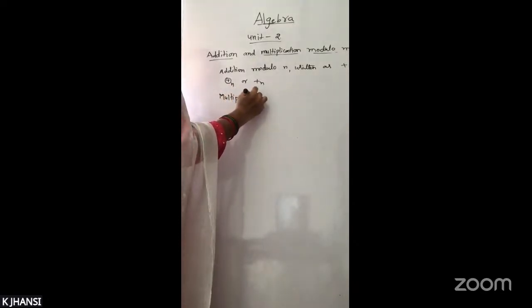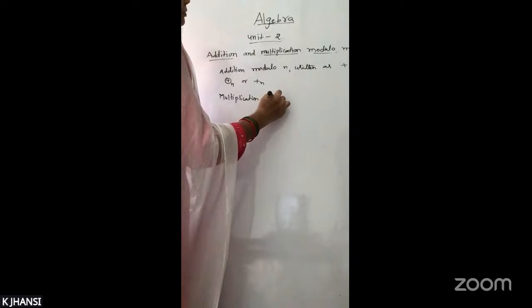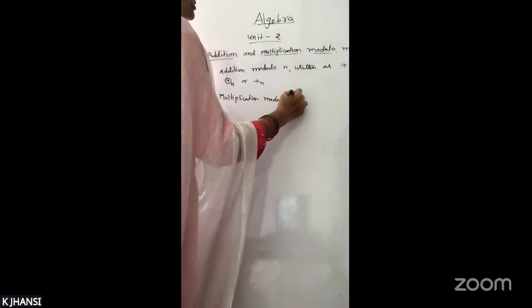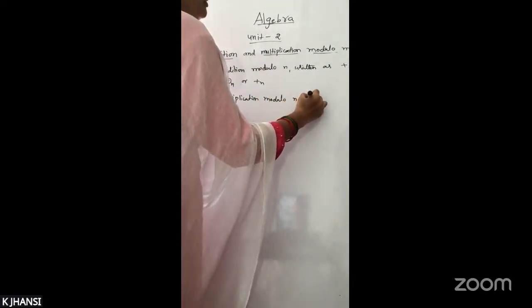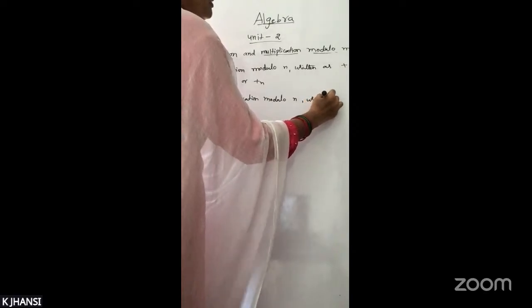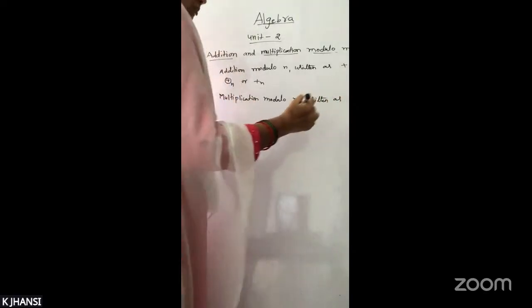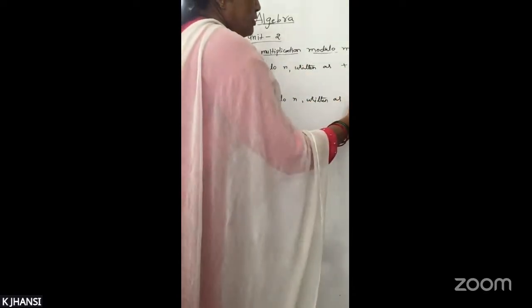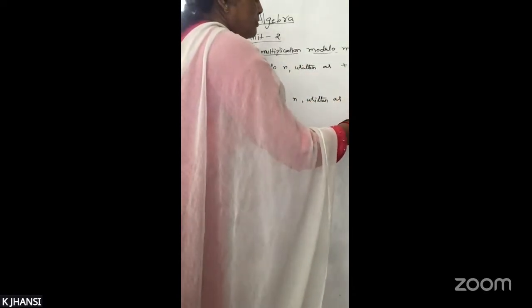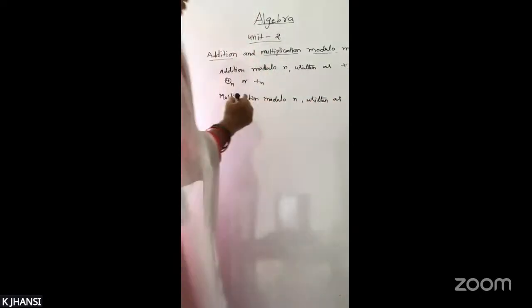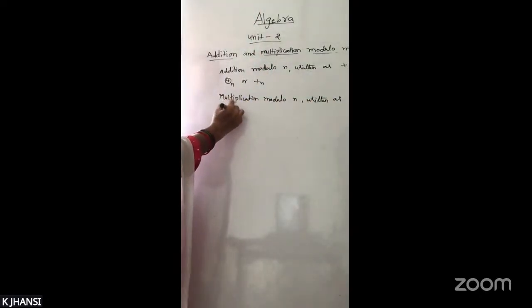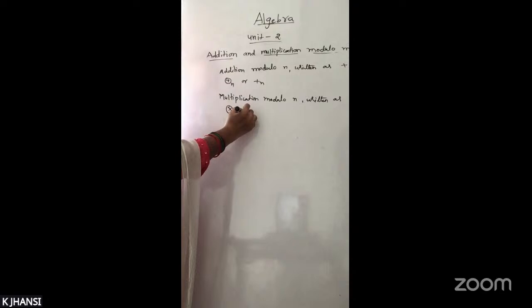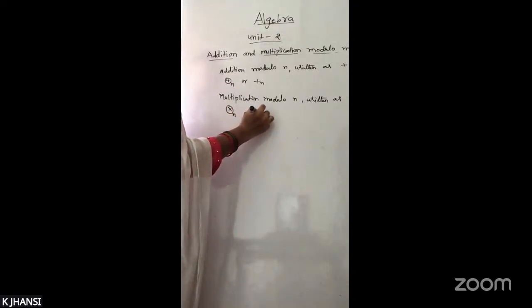Multiplication modulo n can be written as into mod n, or into circle n, or into n, like this.